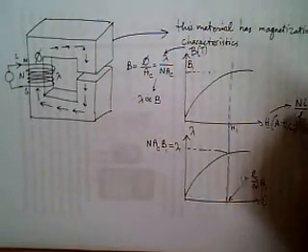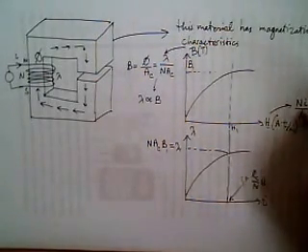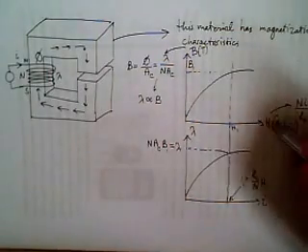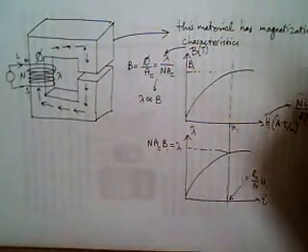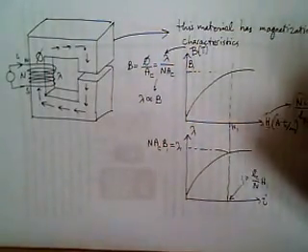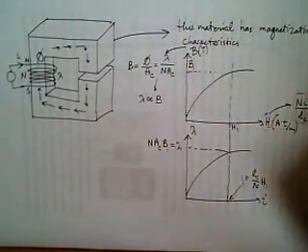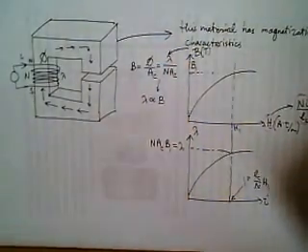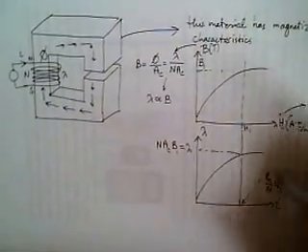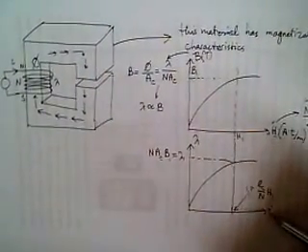Why? Because input current is directly proportional to H. So H equals Ni over Lc. N and Lc are geometrical constants, so H is directly proportional to I. So one might also express the same axis by I.